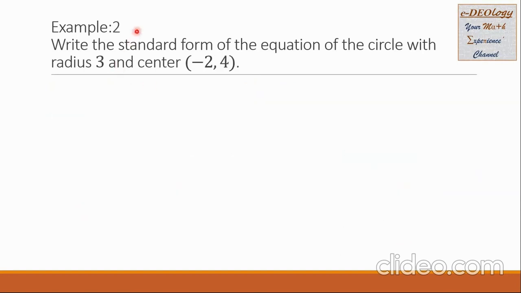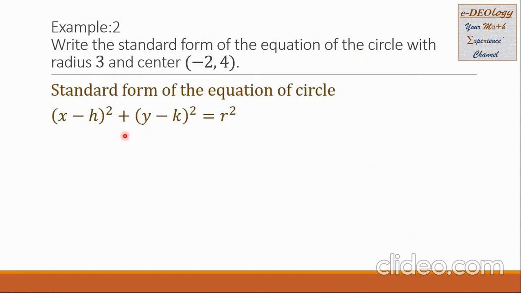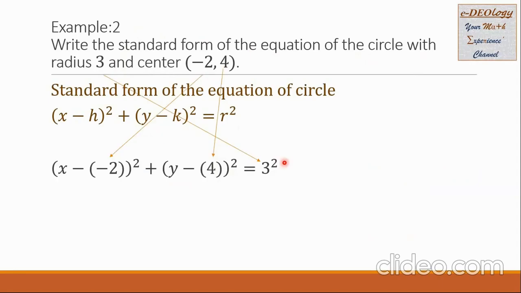Let us have example 2. Write the standard form of the equation of the circle with radius 3 and center (-2, 4). The standard form is here. Then let us now substitute the values. We simplify further.